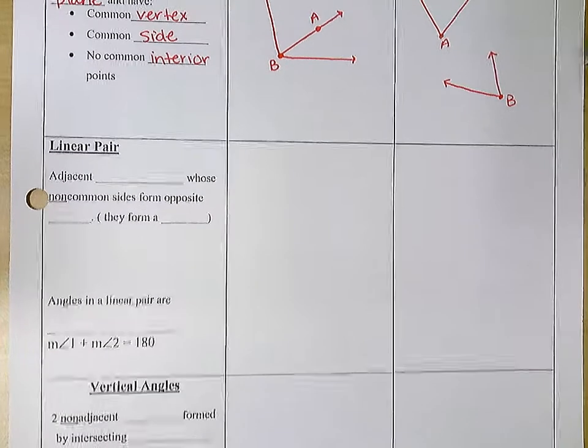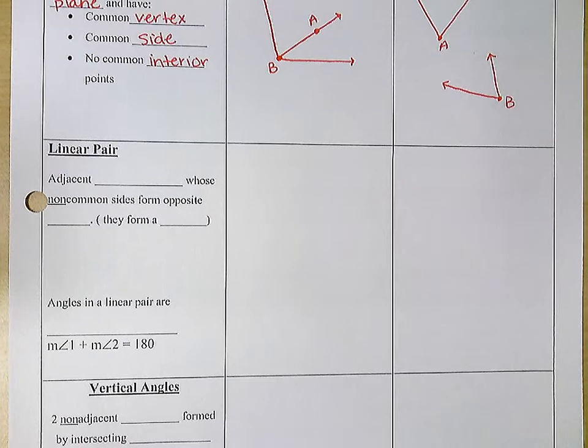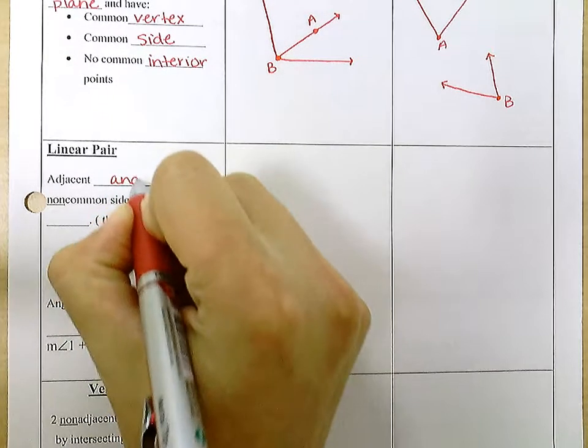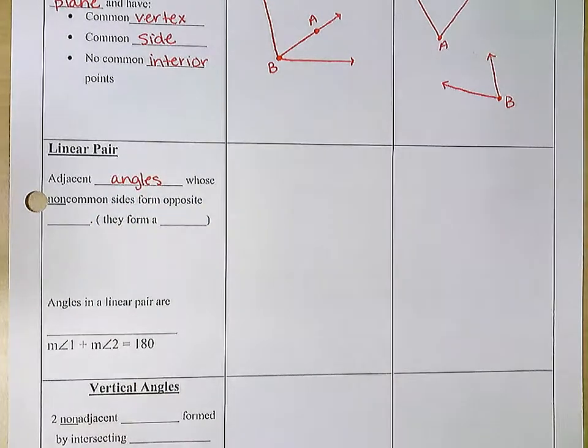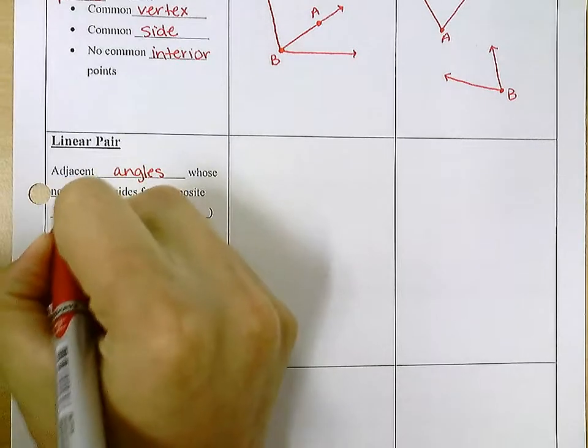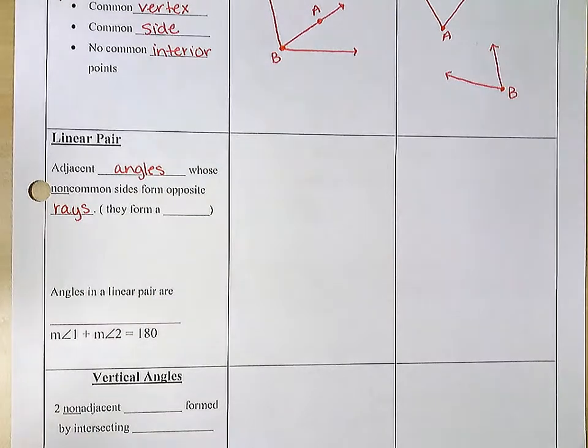All right, so our next one is a linear pair. Okay, these are adjacent angles whose non-common sides form opposite rays. And we did talk about opposite rays yesterday. What do opposite rays do? Do you remember? They form a line.